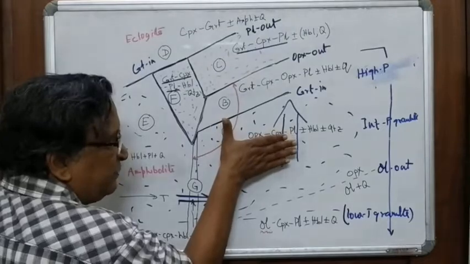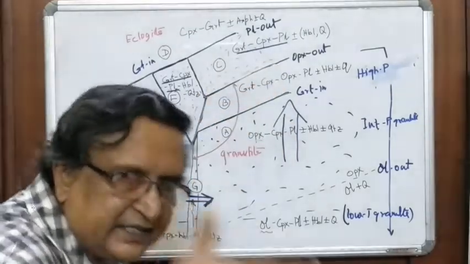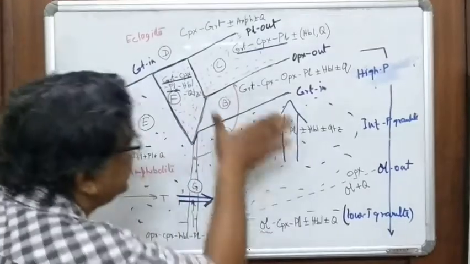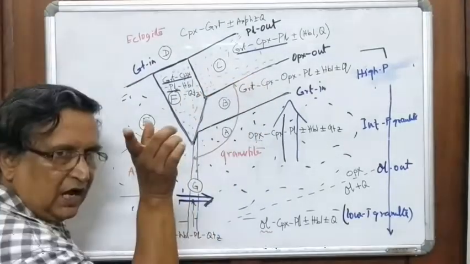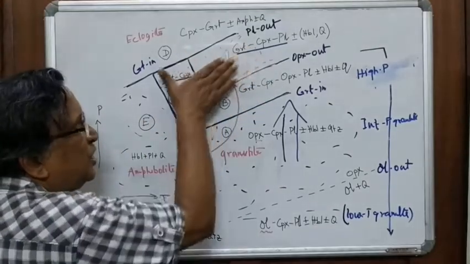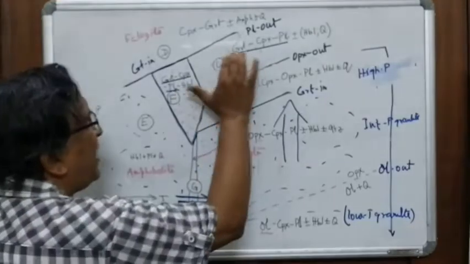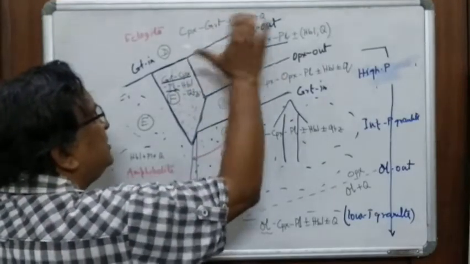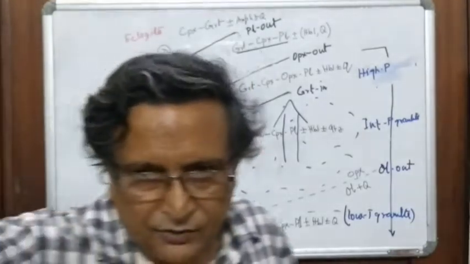What is the difference between intermediate pressure granulite and high pressure granulite? Garnet comes in. What is the boundary between high pressure granulites or garnet bearing granulites to garnet clinopyroxene? Orthopyroxene is taken out. What is the boundary between garnet clinopyroxene plagioclase to garnet clinopyroxene? Plagioclase is taken out.